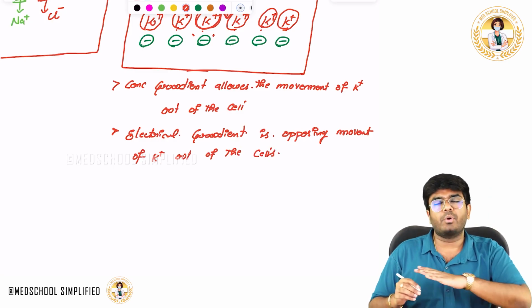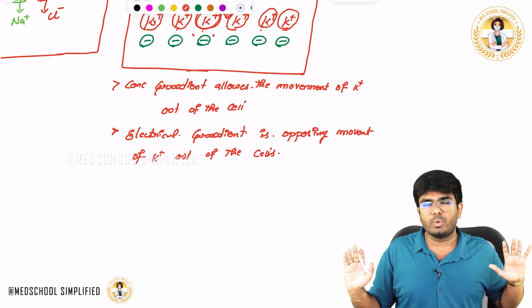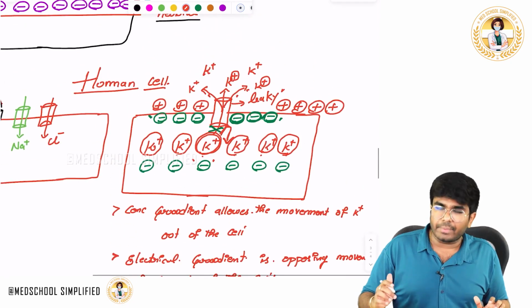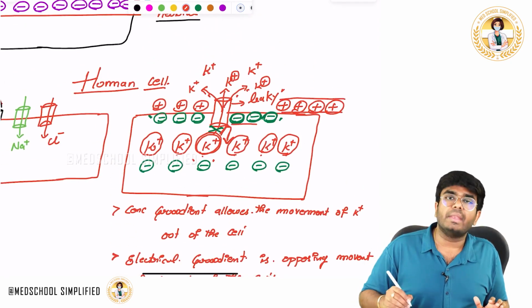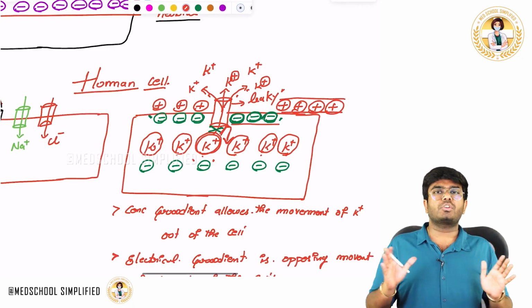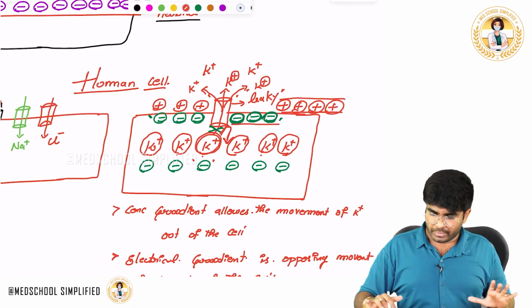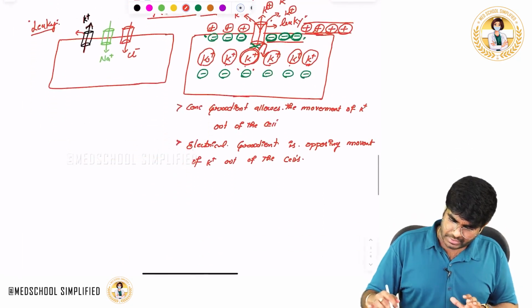So finally, potassium movement stops. Outside the cell becomes positive, inside the cell becomes negative, and the cell is in equilibrium. So at equilibrium condition, now what happens?